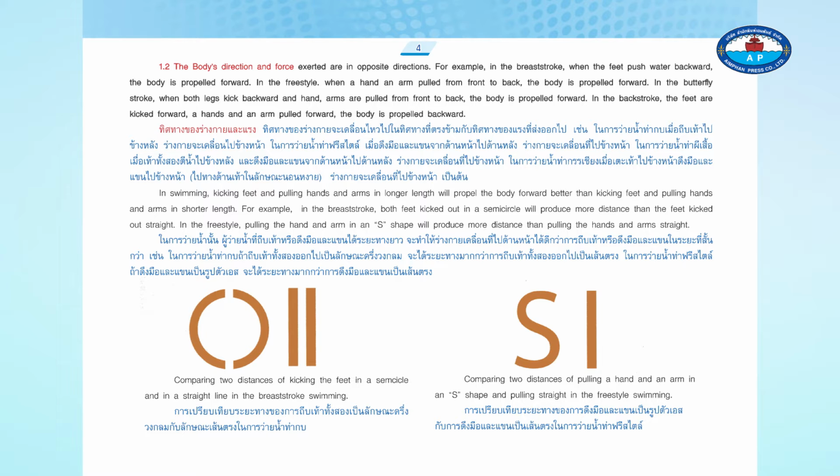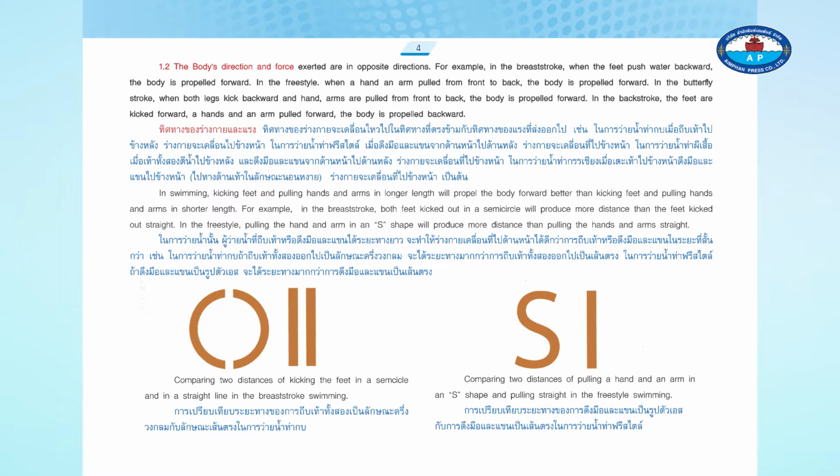In swimming, kicking feet and pulling hands and arms in longer length will propel the body forward better than kicking feet and pulling hands and arms in shorter length. For example, in the breaststroke, both feet kicked out in a semicircle will produce more distance than the feet kicked out straight.